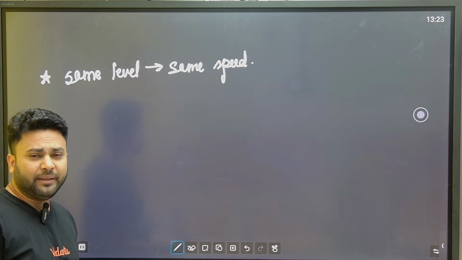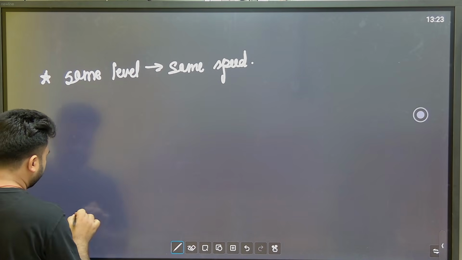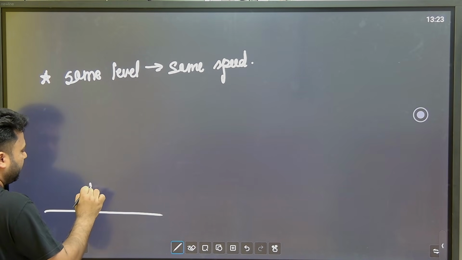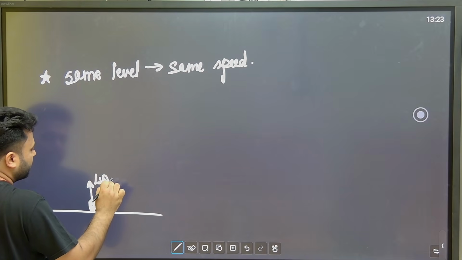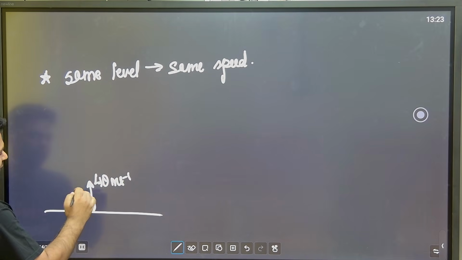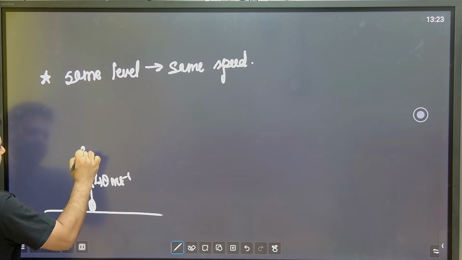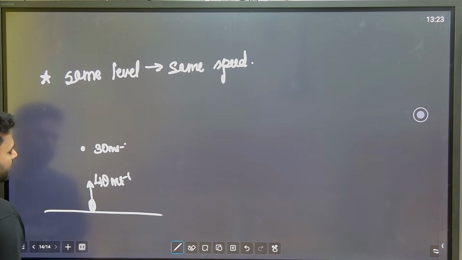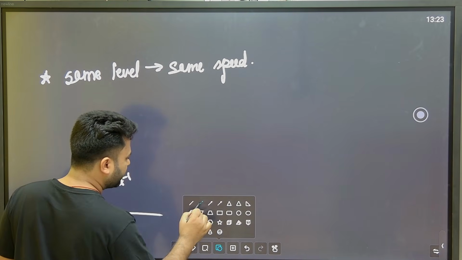What does that mean? It means that suppose you throw the ball up with 40 meter per second. It will go up, its speed will decrease. Suppose here its speed is 30 meter per second. Like I will draw like this.